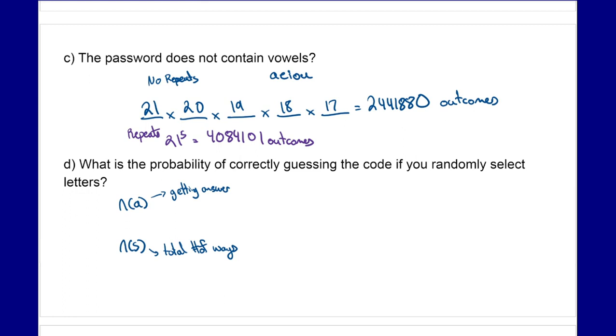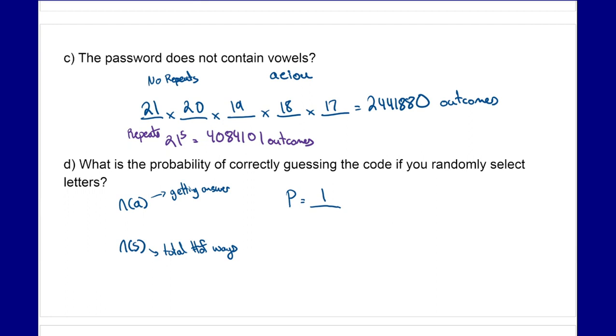Let's think of them separately. How many correct codes would there be? How many possible options are there for getting the right code? We don't know what the code is, but if you think of a lock, there can only be one code. So the probability is going to be 1 over the total number of ways. How many possible ways are there to have a code?